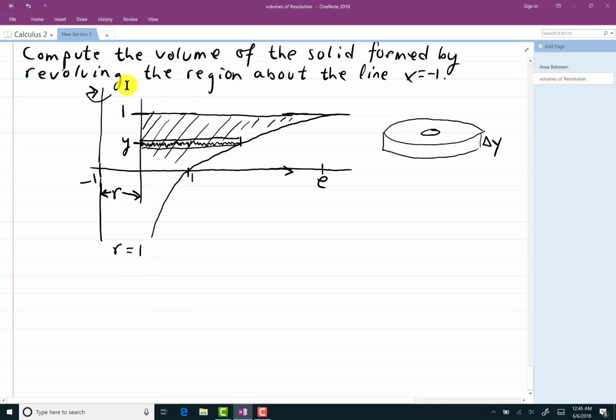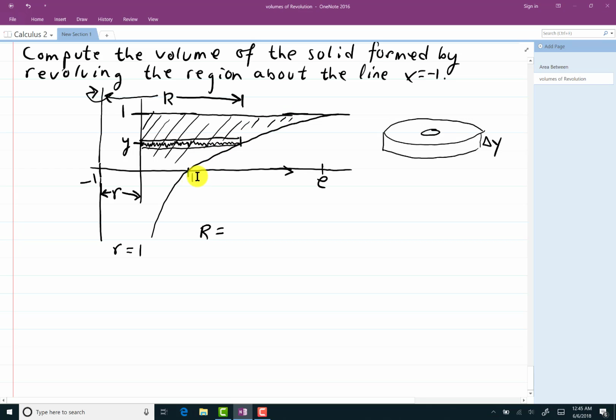What about the big R, though? The big R, how can I do it? The big R goes from here to here. Well, what's that going to be? Well, that's going to be this x value minus -1. This x value, I noticed what I said, the x value. Well, what is this?